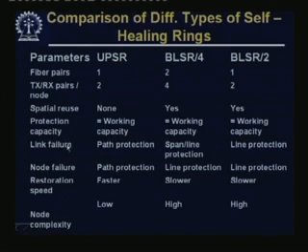Link failure is path protection in the case of UPSR, or span or line protection in the case of BLSR 4. In case of BLSR 2 it is only line protection, because it will have to go in the other direction. Node failure, it is path protection, line protection and line protection. Restoration is faster in UPSR, somewhat slower in BLSRs, and restoration speed is high, medium, medium, and node complexity is low, high and high.